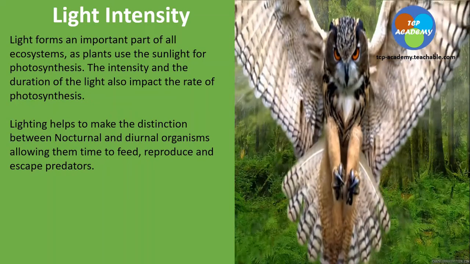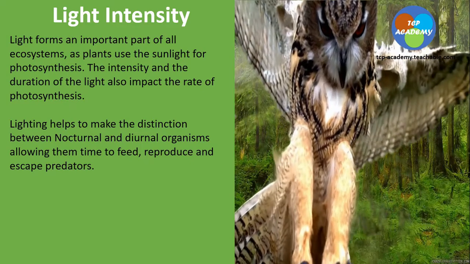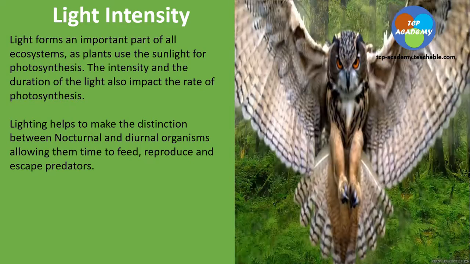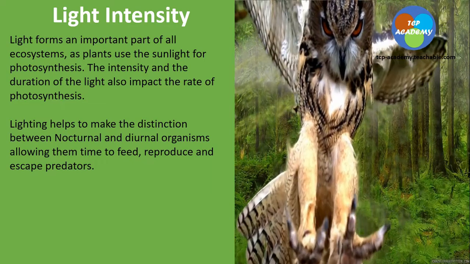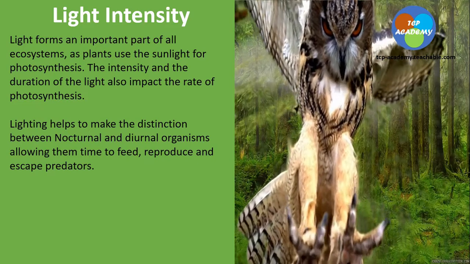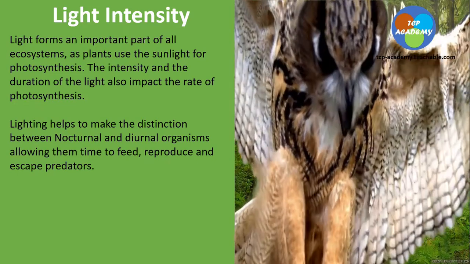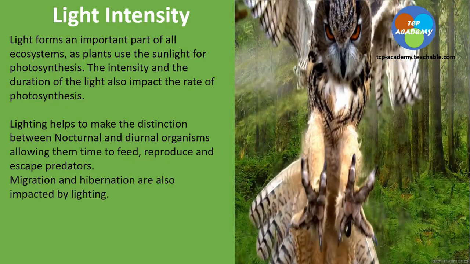Lighting actually helps the distribution. Now it allows them to feed, reproduce, and escape predators. So the lighting is particularly important to organisms, be that they are more active at night, as it were, with nocturnal organisms, or more active by day, as it were, with diurnal organisms.